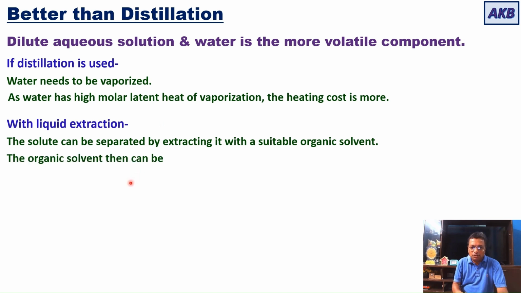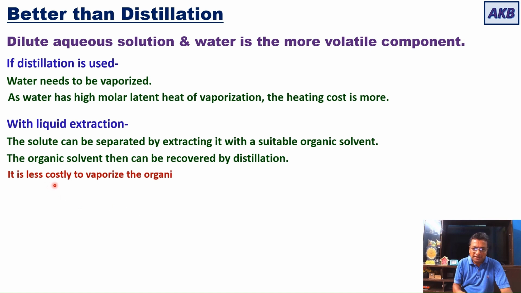And the organic solvent you can recover, since we have to use distillation after extraction, where you need to vaporize organic solvent, and organic solvents have low molar latent heat of vaporization, therefore they can be easily recovered. The organic solvent then can be recovered by distillation. So it is less costly to vaporize the organic solvent.